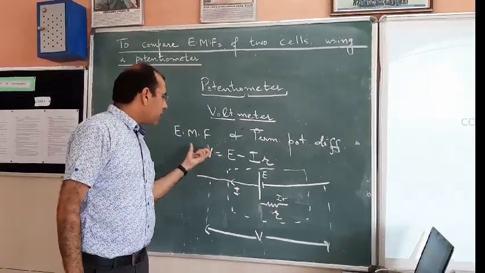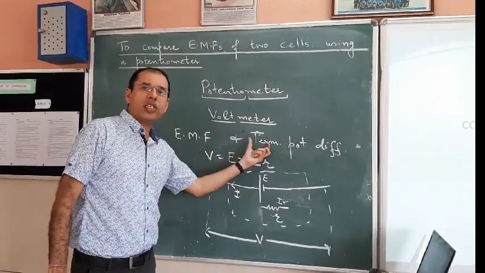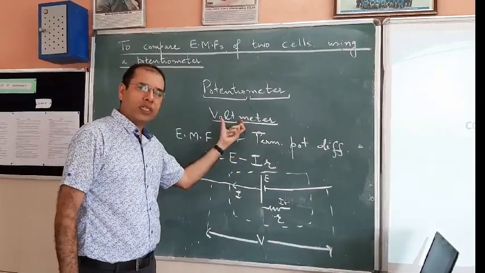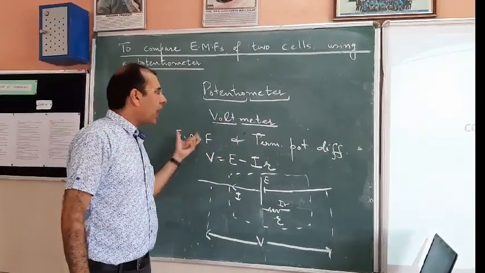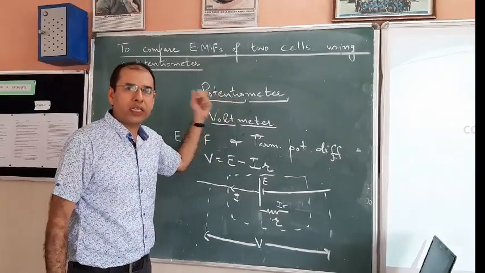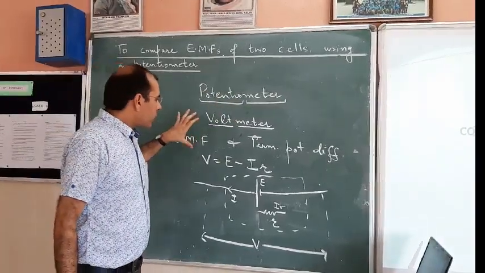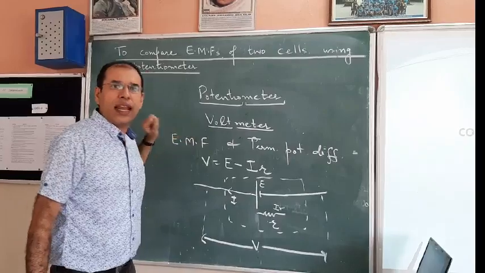It is said that the terminal potential difference can be measured by a voltmeter and the EMF can be measured by a potentiometer. Now, this is regarding a cell.